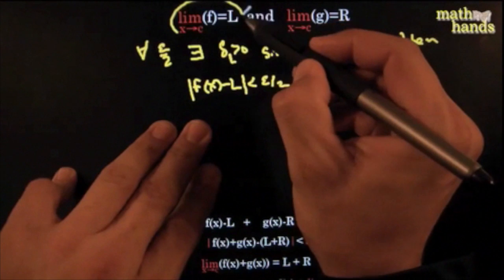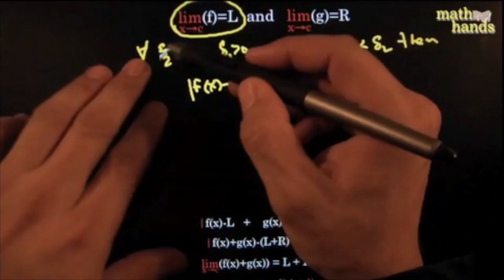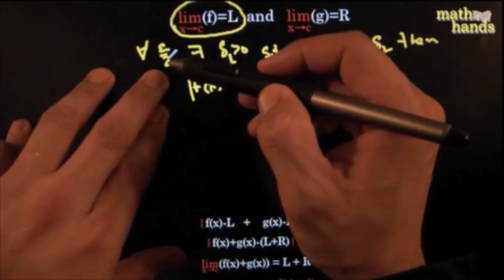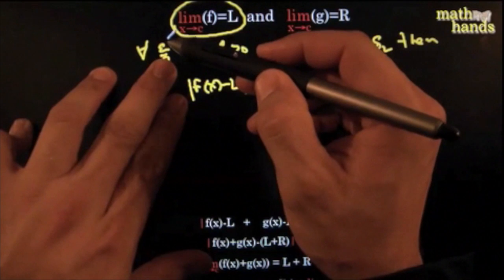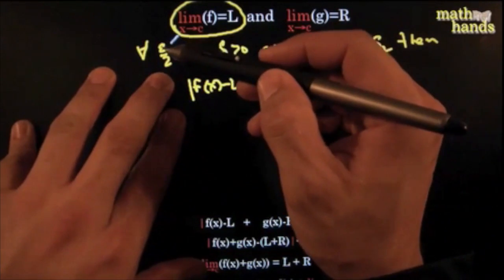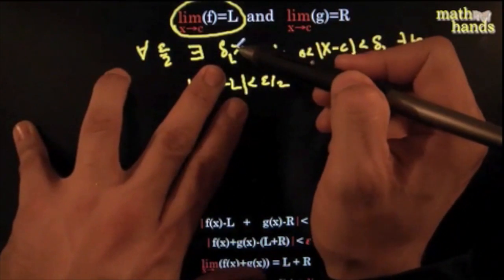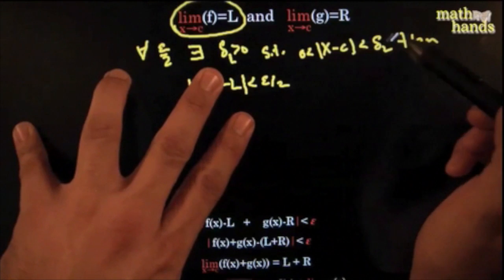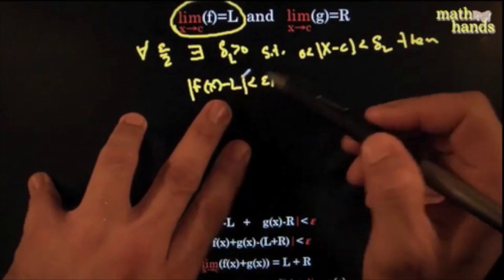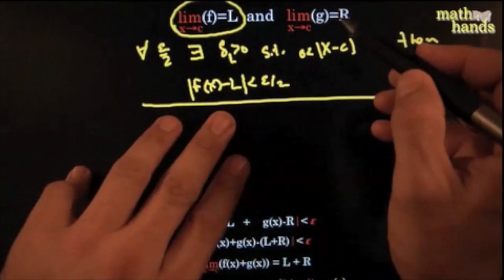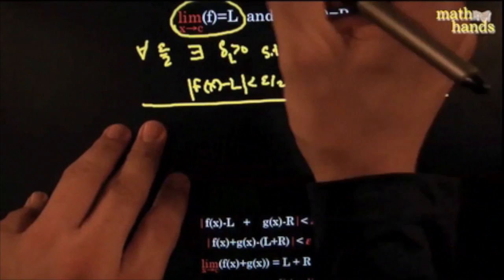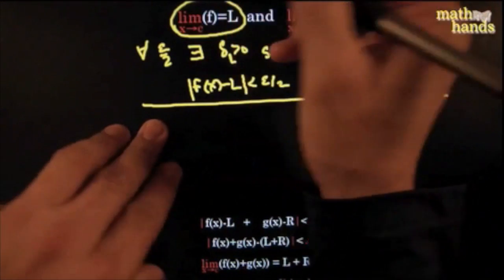I'm just making use of this password. This is the definition for any epsilon, or epsilon over 2, or epsilon over 100. It doesn't matter. If epsilon is a positive number, dividing by 2 is not going to change that. So there will also be a delta such that being delta close to c guarantees f is epsilon over 2 close to L. The same thing I'm going to do on this side, in blue.